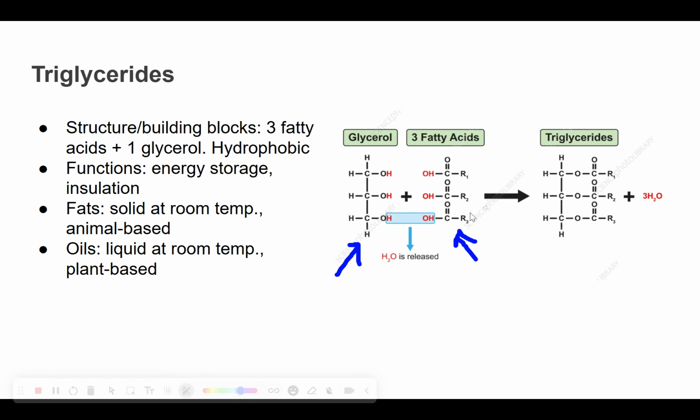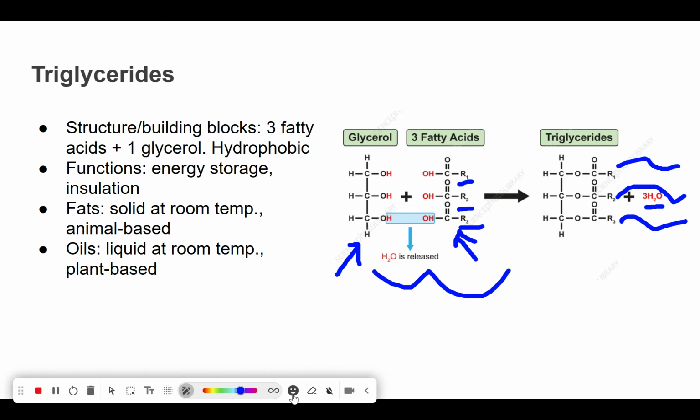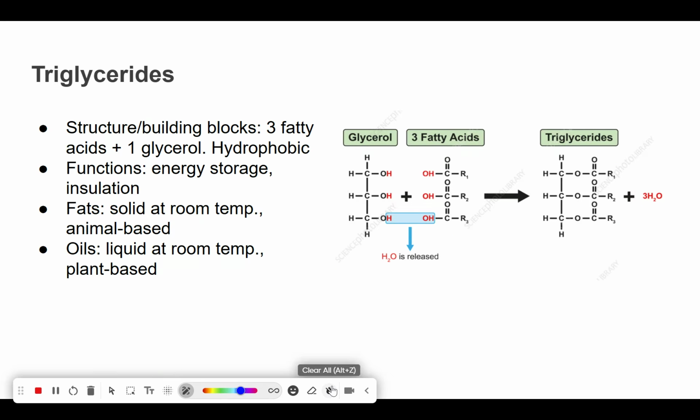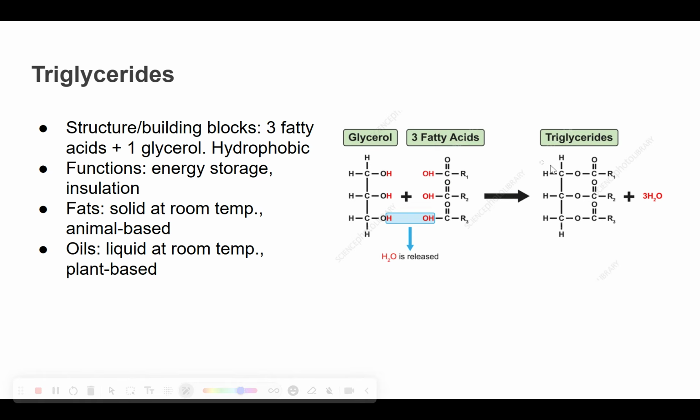And the R groups here are like the number of molecules that are in the fatty acid tail. So these could go for a long time. And when these two components come together, it's a condensation reaction because they release water. So you have triglyceride, glycerol, 3 fatty acid tails.